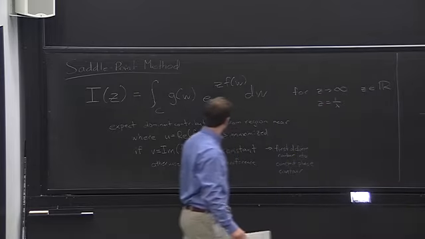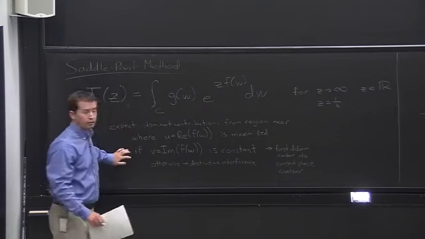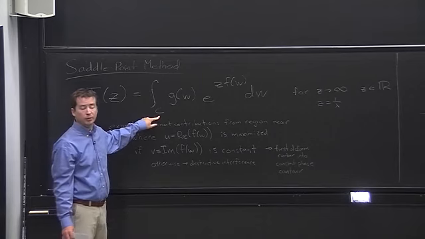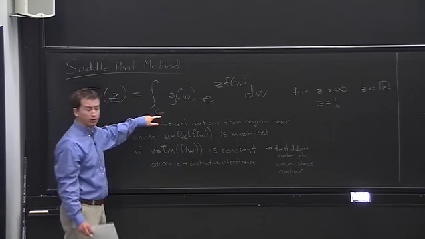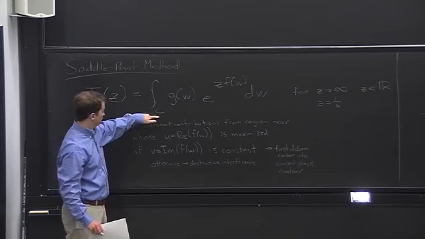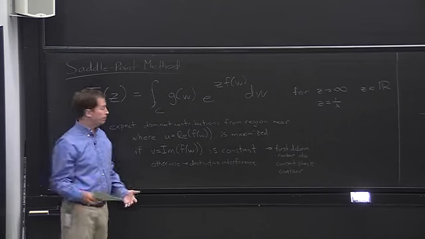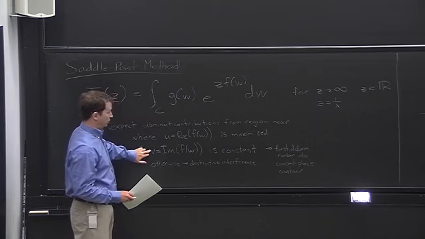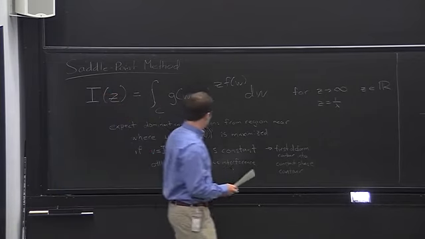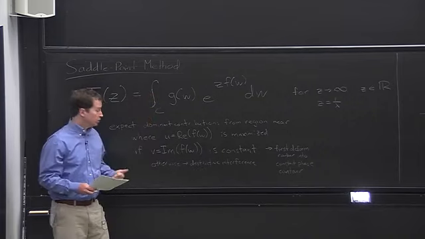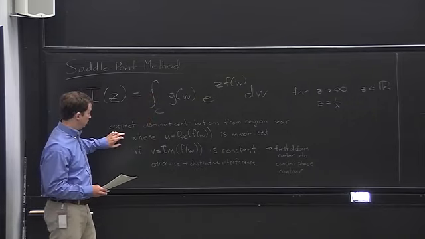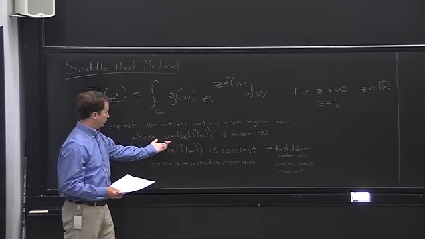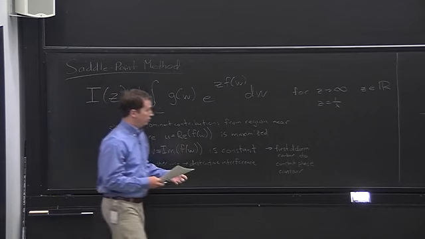Okay, so let's suppose we've done that. Let's suppose that C, maybe even if it's not the original contour that we're interested in, is some equivalent contour we've deformed our contour into, such that the contour is a constant phase contour. Then we can use the approximation that we did before and approximate the integral in a small region around the maximum.